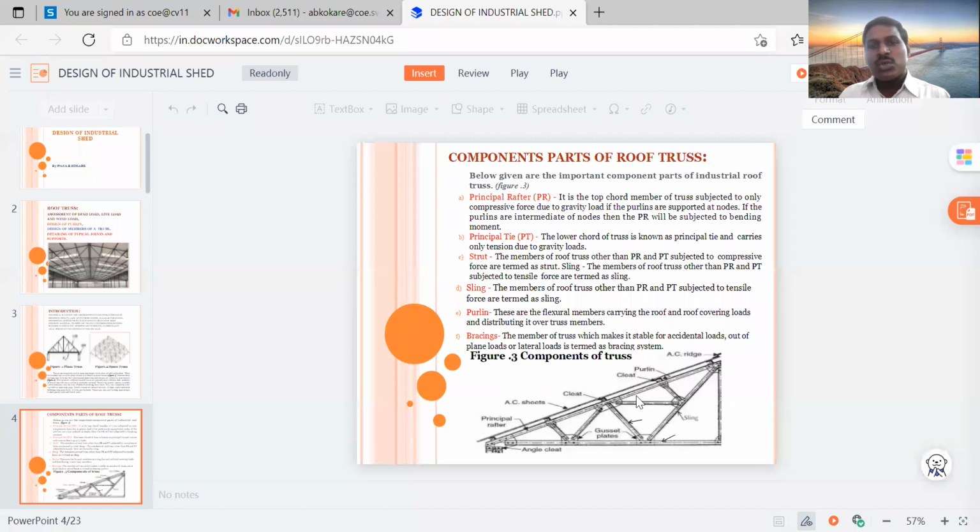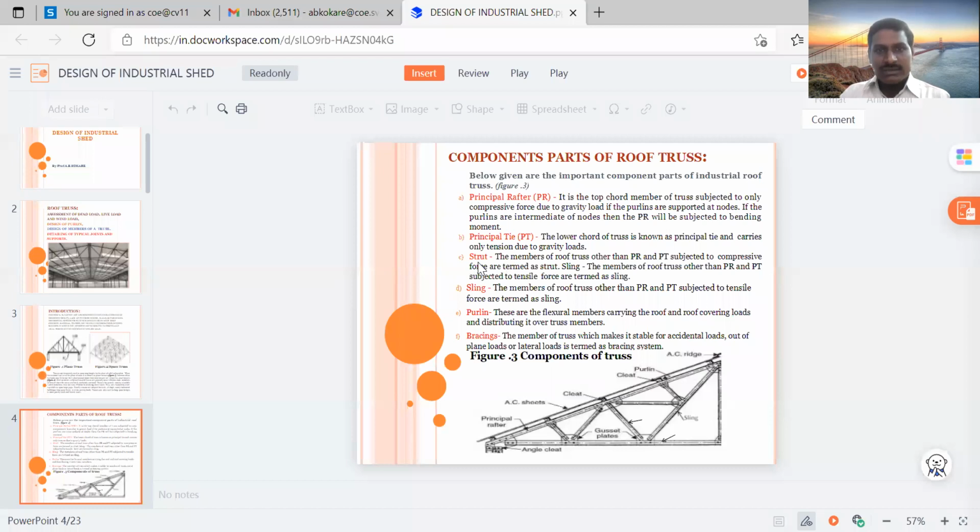The lowermost chord of the truss is known as the principal tie, and this principal tie or tie member carries a tensile load due to the gravity loads. So first is the principal rafter, that is the inclined topmost member. Then the lowermost tie or tie member we are calling, that is the principal tie.